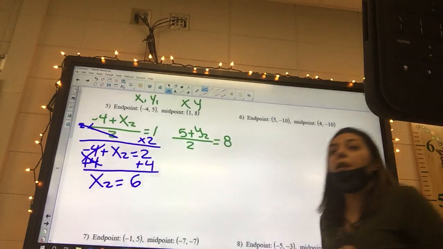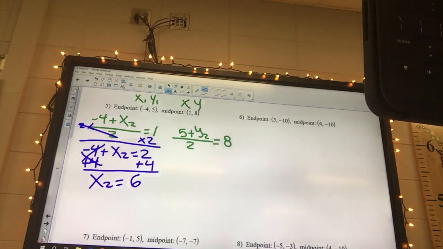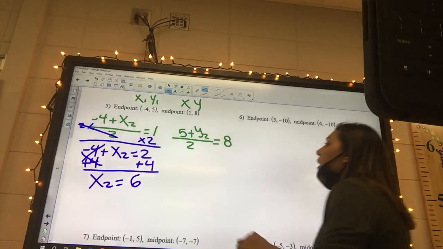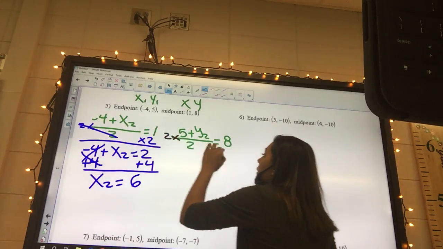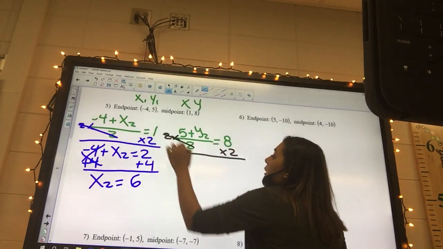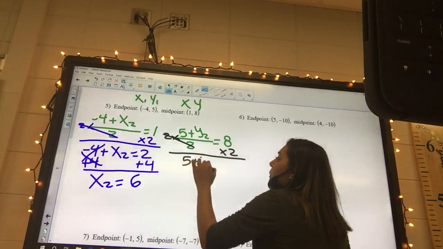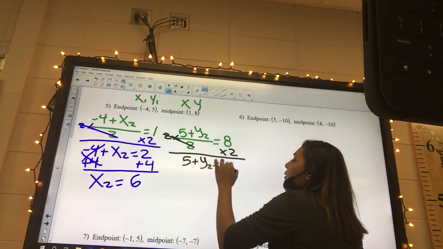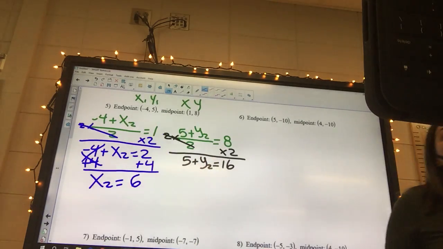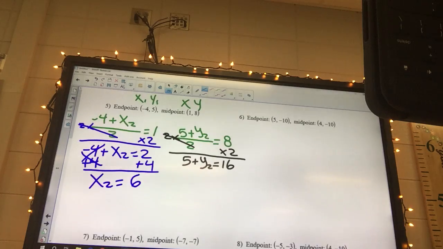Okay, and then now we're ready to do our other one. Our very first step is going to be to multiply both sides by 2. So I have 5 plus y sub 2 equals 16. How do I move that 5? Minus 5. Minus it from both sides.